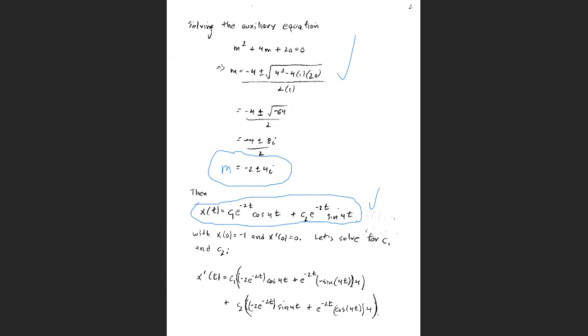So let me ask you: the position of the mass about the equilibrium goes above equilibrium, below equilibrium, above, below. Is the mass eventually going to come to rest based on this position function?